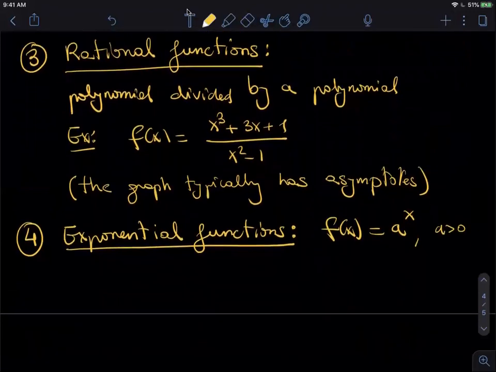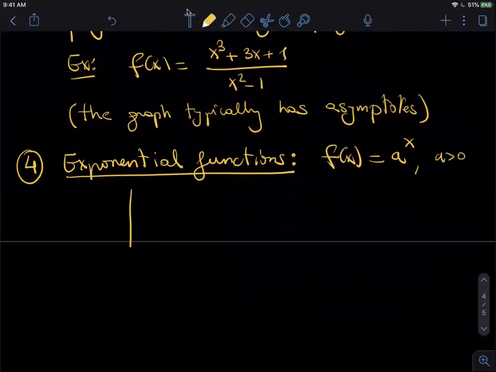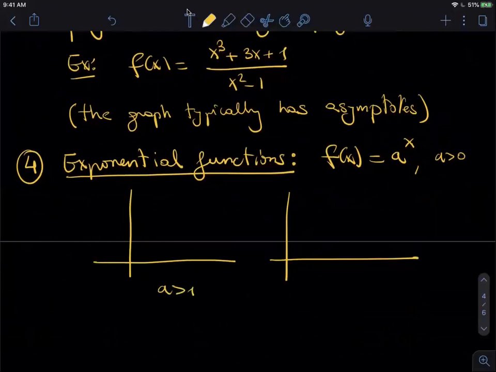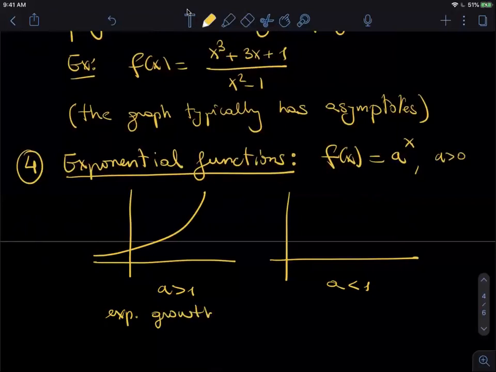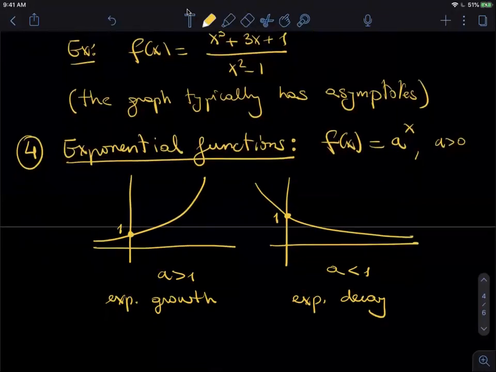There are two types: if a is bigger than 1 or smaller than 1. If it's bigger than 1, then we have an exponential growth. And if it's smaller than 1, then we have an exponential decay. And they happen to be equal to 1 at 0.